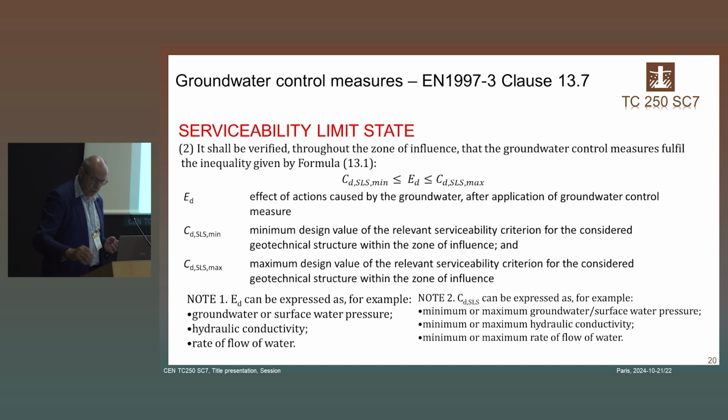And we have formulated that in this equation where the E_d, which is the groundwater or surface water pressure or the conductivity or the flow rate, should be between a minimum and a maximum. And then you can also give your requirements for those groundwater pressures, hydraulic conductivity and flow.